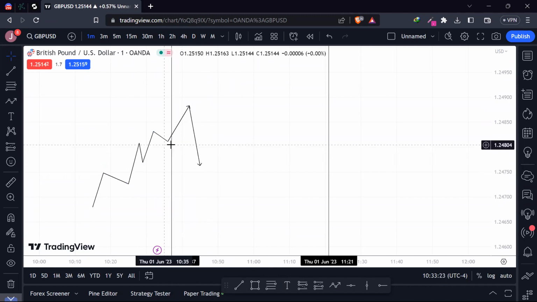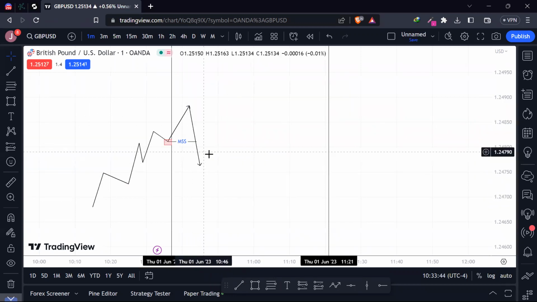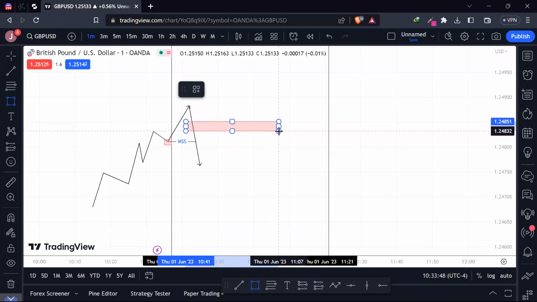It breaks the swing low right here. This is the swing low. It breaks the swing low and creates a market structure shift, and there will be a fair value gap right here.